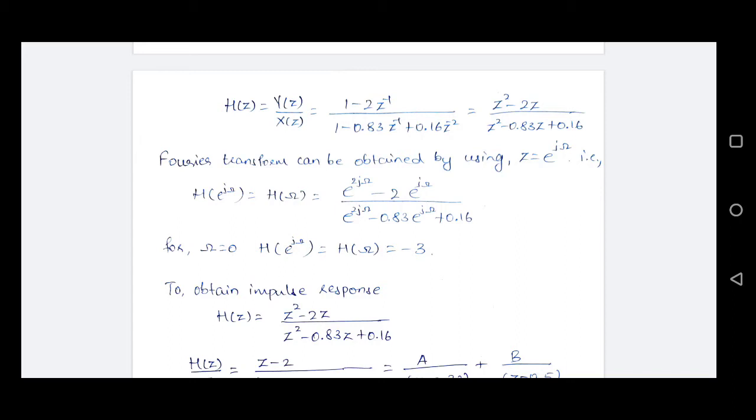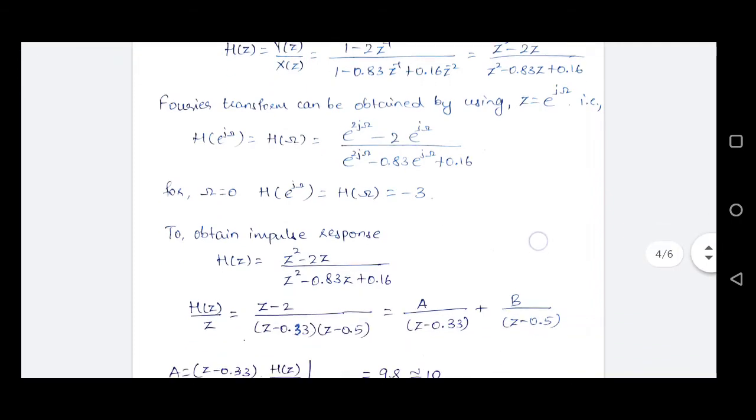So e to the power 2j omega minus 2 e to the power j omega divided by e to the power 2j omega minus 0.83 e to the power j omega plus 0.16. If we substitute omega equals 0 in each of the exponentials, all the exponential values will be equal to 1. Therefore, simplifying this, we'll get H of omega equals minus 3 at omega equals 0, or H of 0 will be equal to minus 3.